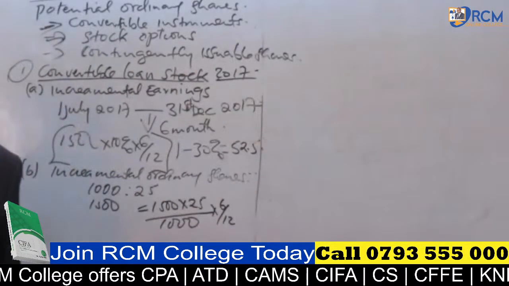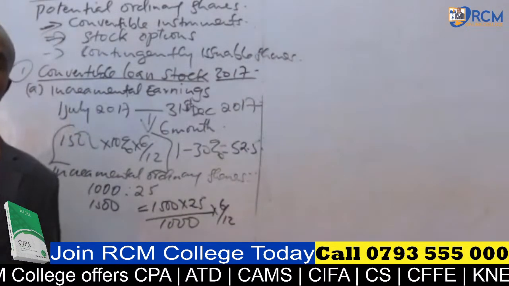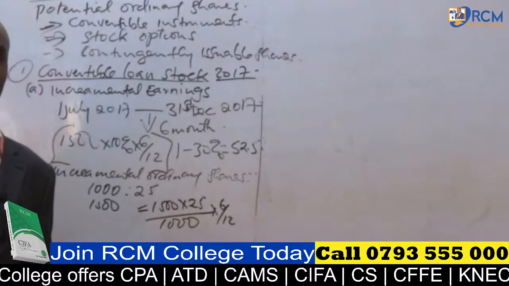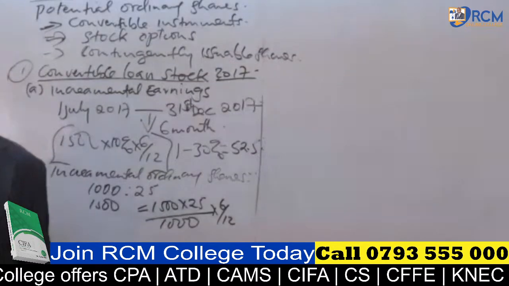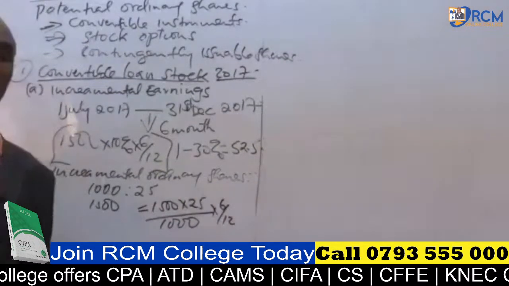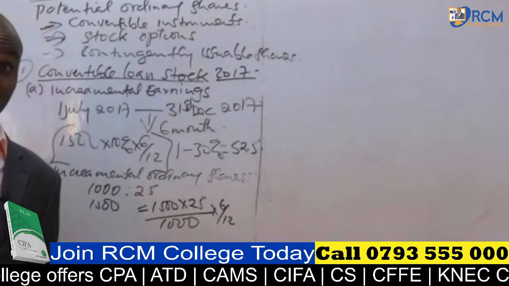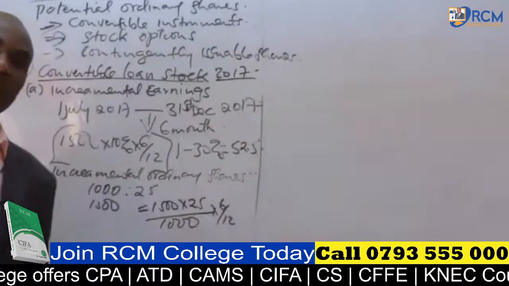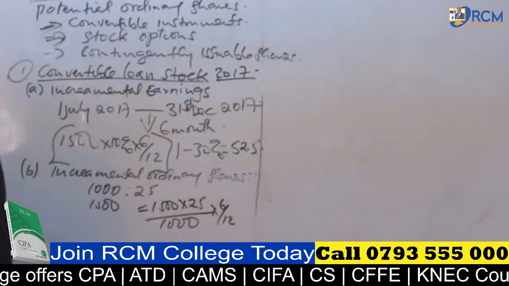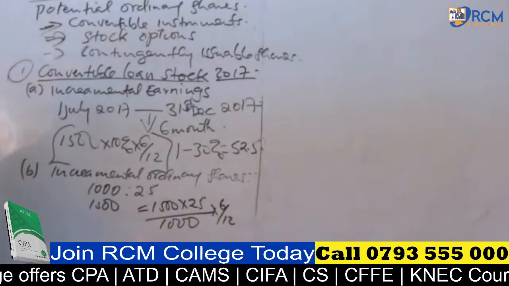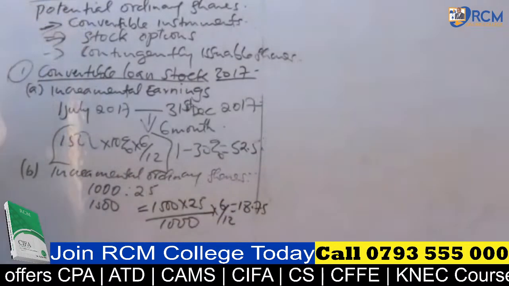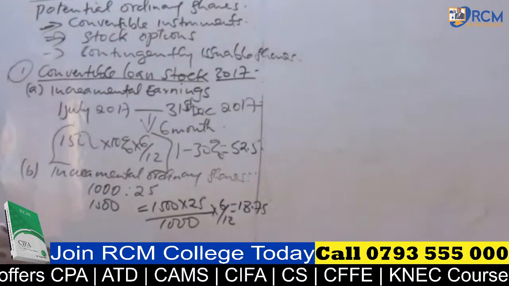Why am I multiplying by 6 over 12? Because it became a potential ordinary share on 1st of July. In June, May, I did not have it. Therefore, it was not a potential. It became potential from 1st of July. Therefore, how many shares? 18.75.